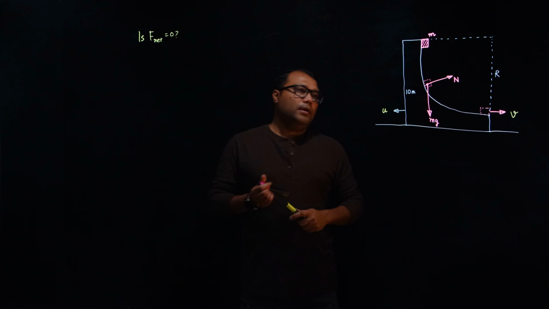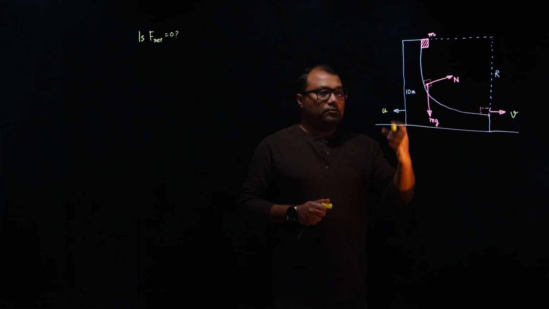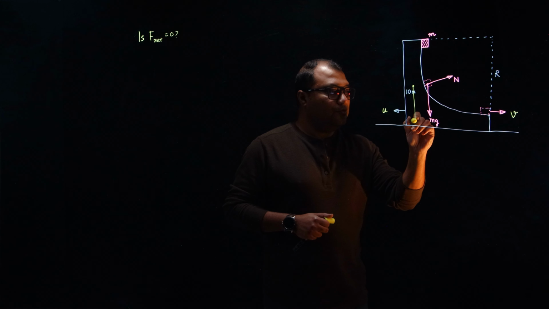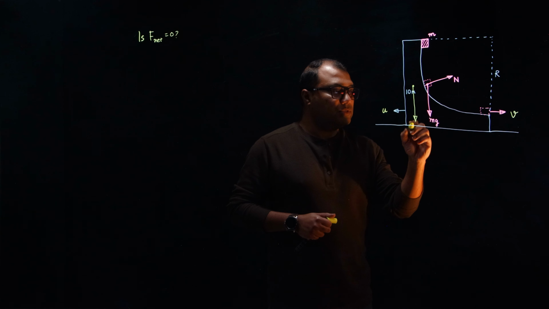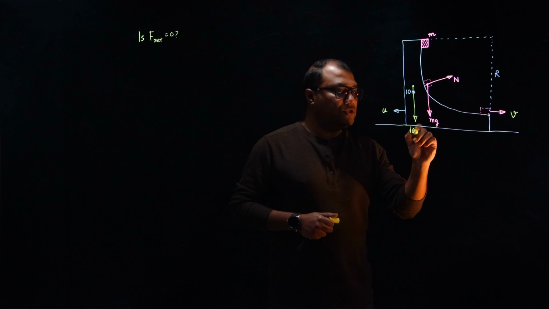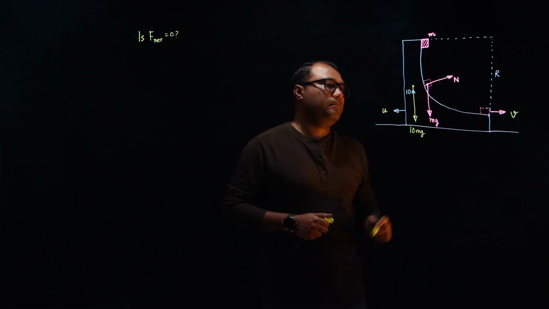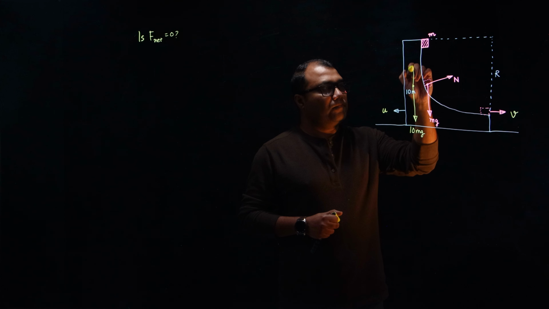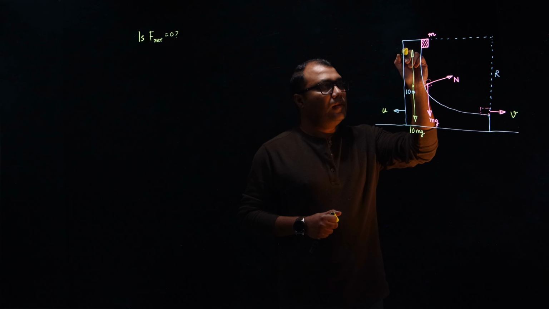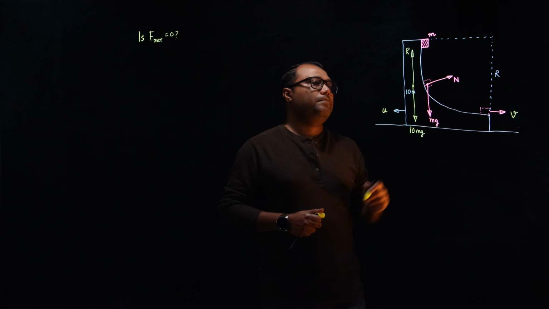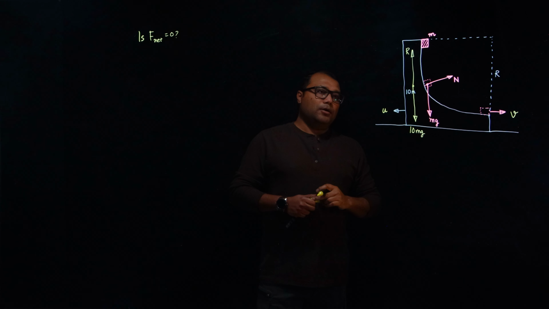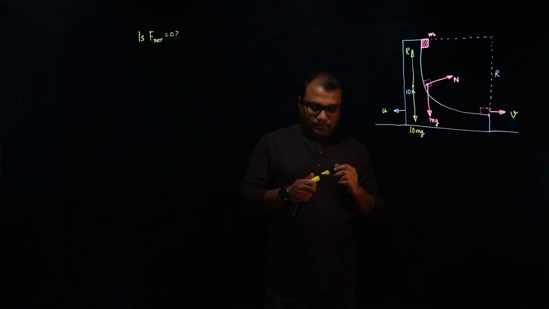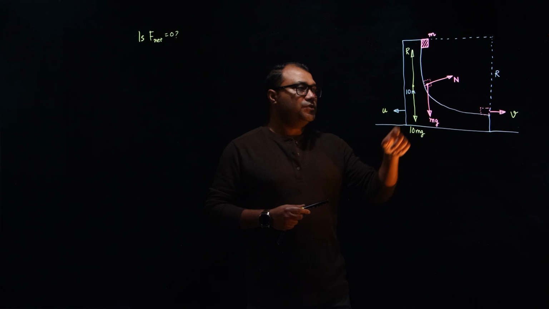Now for the big M, which is 10m, we have force due to gravity, which is 10mg. Then we have reaction from this ground. Let's call that R. Now, there is no friction, so there is no force here, but there is one force.